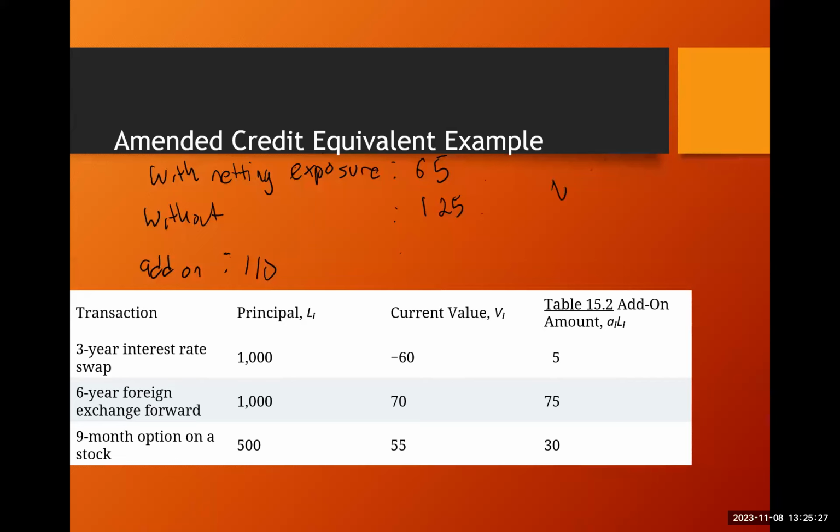Okay, our net replacement ratio equals 65 over 125, which equals 52%. And so our credit equivalent amount equals 65 plus 0.4 plus 0.6 times 0.52 times this add-on amount, 110.